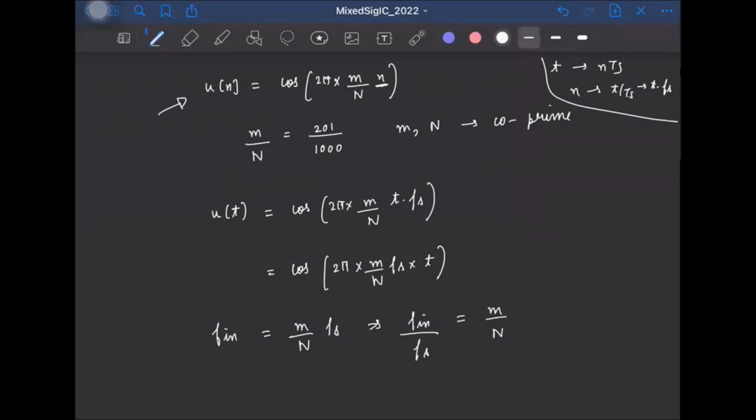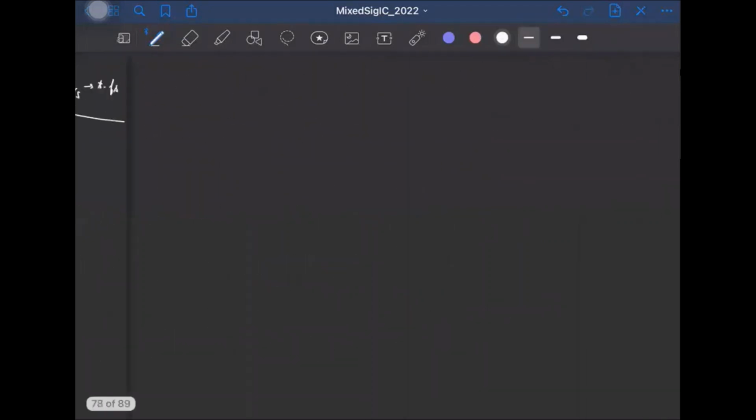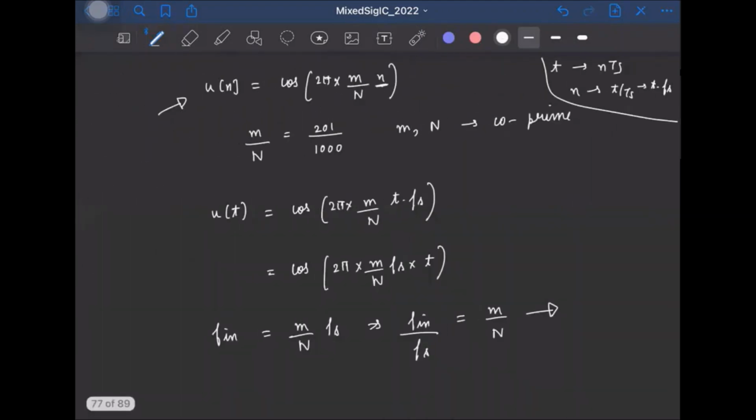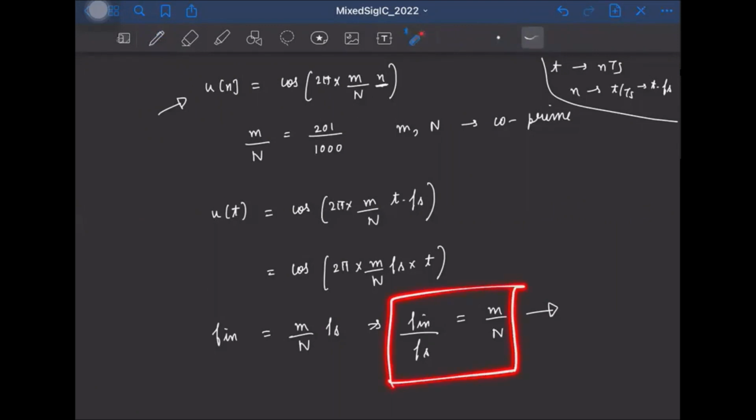We'll see that choosing a signal of this form has some other advantages in characterizing the ADC, which we'll discuss in a later class. So what we finally need to do is feed a sinusoidal signal to the ADC, and make sure that the input frequency of the sinusoid satisfies this condition.